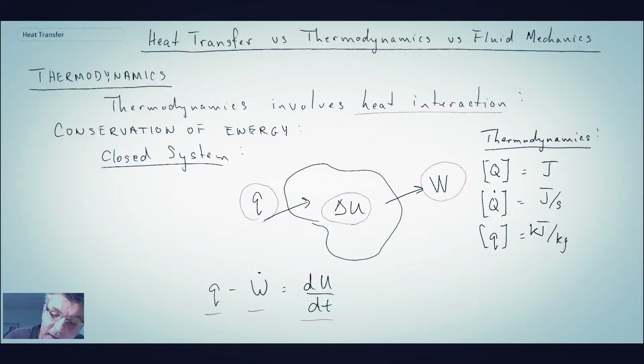Now, when we're dealing with heat transfer, we use the designation little q, and that denotes joules per second, or watts. And so those will be the units that we use in heat transfer.